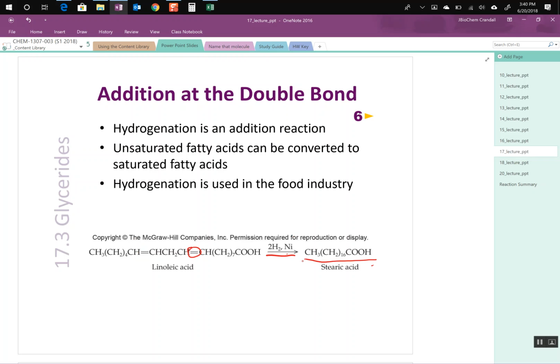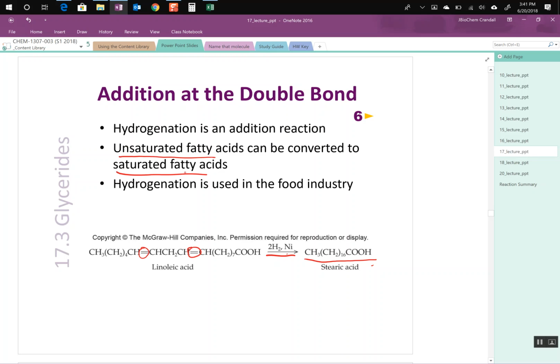Okay, which will be an 18 carbon acid. So here, this 18 carbon diene changed to just the straight chain acid, stearic acid. These would become saturated fatty acids. The unsaturated fatty acid can become a saturated fatty acid, breaking that double bond.